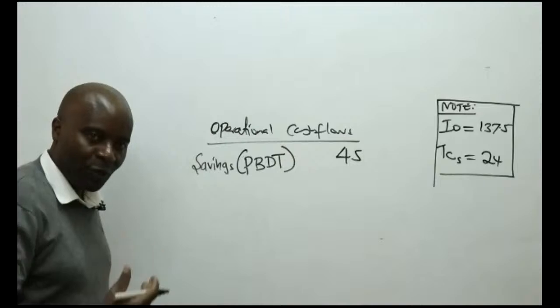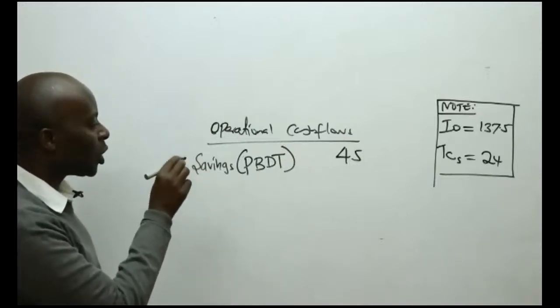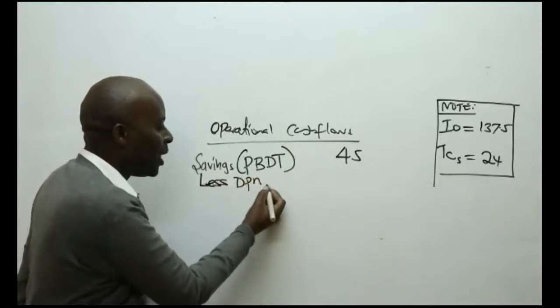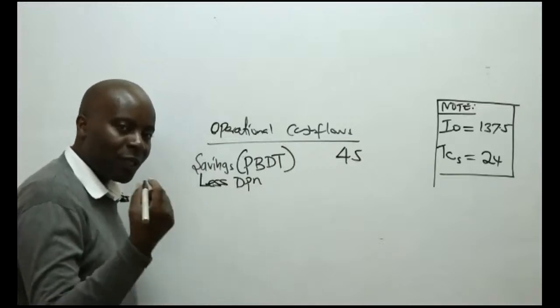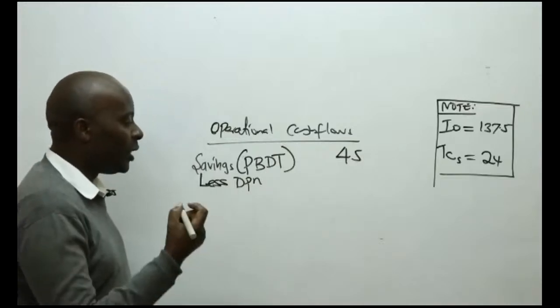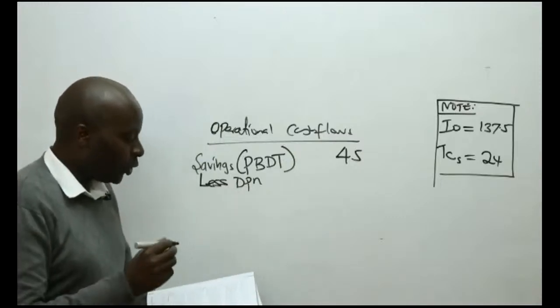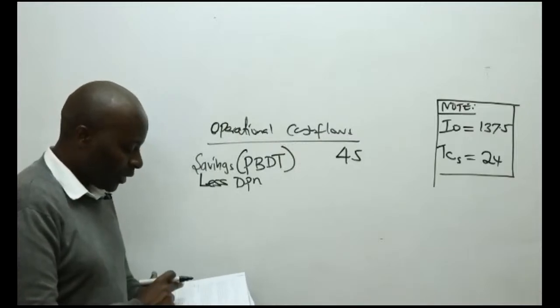Whenever we save, we boost our profitability. Because taxation has been given, we come and less depreciation. Whenever you see taxation being given, then depreciation becomes relevant. So less depreciation here, we shall use the straight line method.